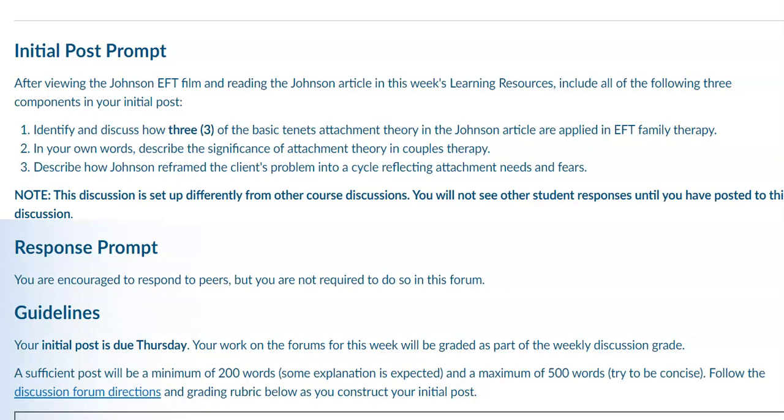Identify and discuss how three of the basic tenets of attachment theory in the Johnson article are applied in EFT. In your own words, describe the significance of attachment theory in couples therapy, and also describe how Johnson reframed the client's problem into a psychological reflection of attachment needs and fears.